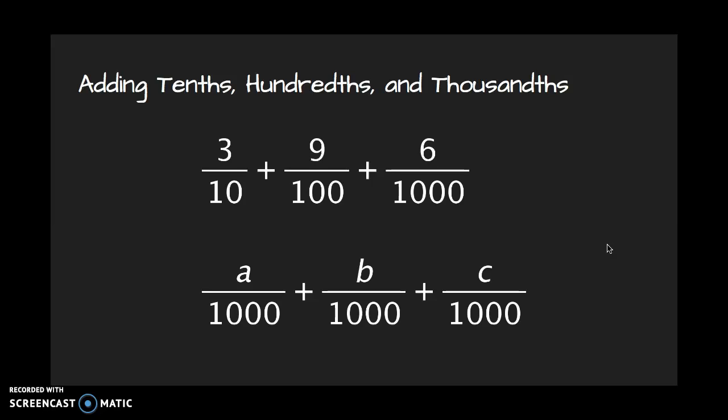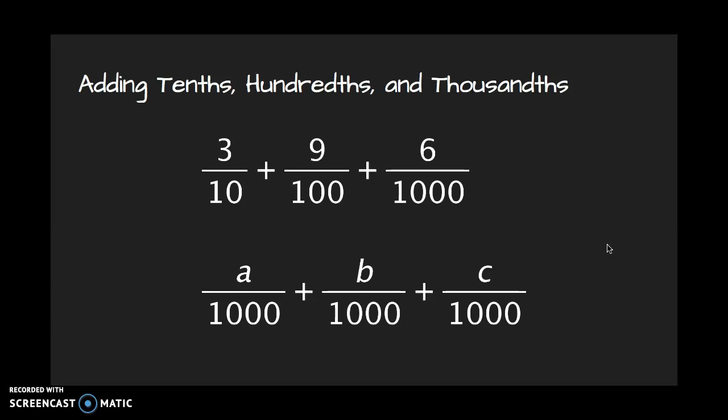Moving on from there, the next step would be adding in thousandths. So we have 3 decimal fractions, 3 over 10 plus 9 over 100 plus 6 over 1,000. And again, because we want all common denominators, what you want is 3 numbers over 1,000 to be able to add them together. So to convert from 3 over 10 to a number over 1,000, we have to multiply both numbers by 100.